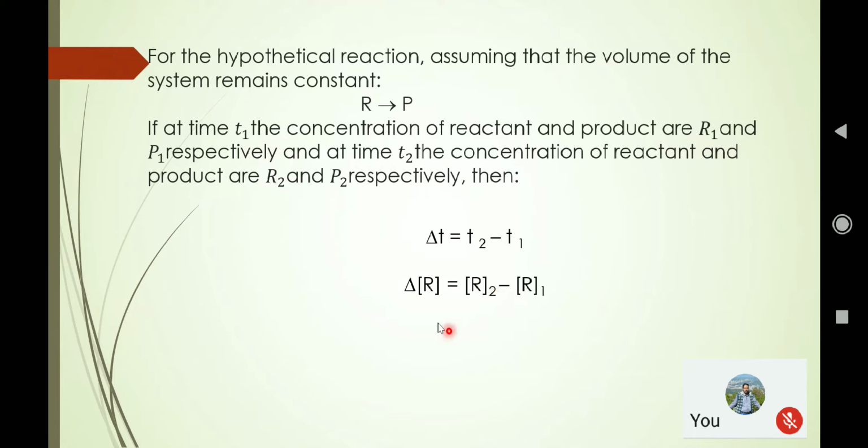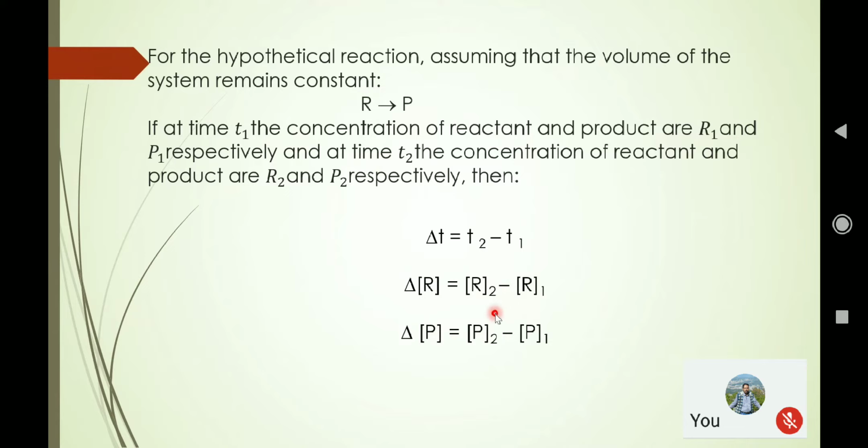Then the change in concentration of reactant is equal to the final concentration of the reactant minus the initial concentration of the reactant. Since the concentration of reactant decreases, the final value is less than the initial value, therefore this value will be negative.